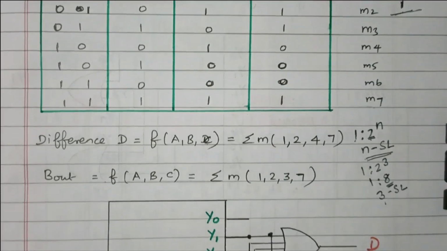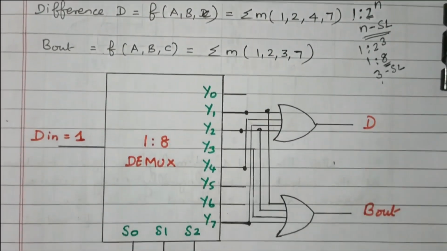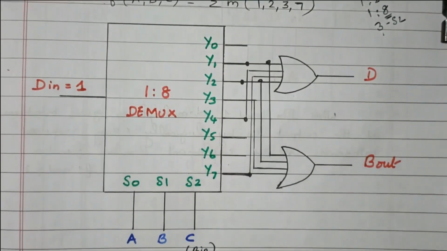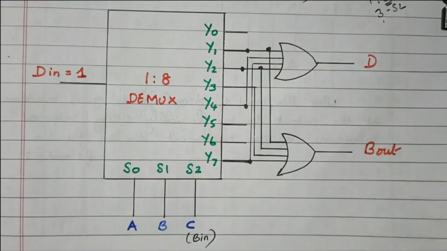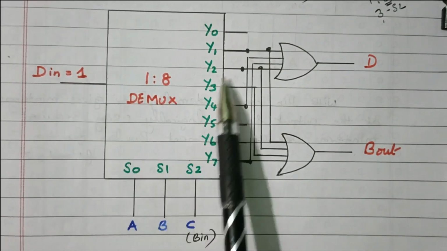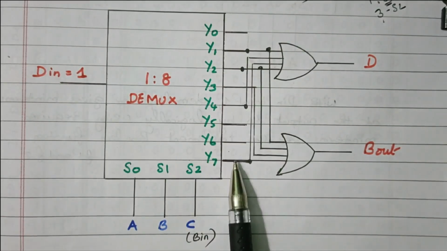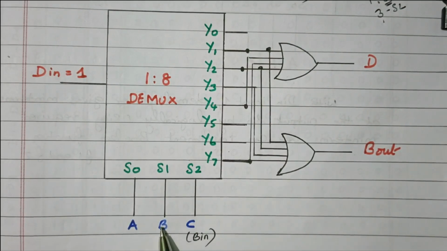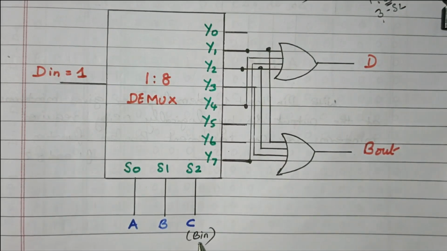Now we'll see the logical diagram for implementing the full subtractor using the demultiplexer. Right. So this is the 1:8 demux. One input and 8 outputs are available. This is the selection line: A, B, C or A, B, borrow in. Right.